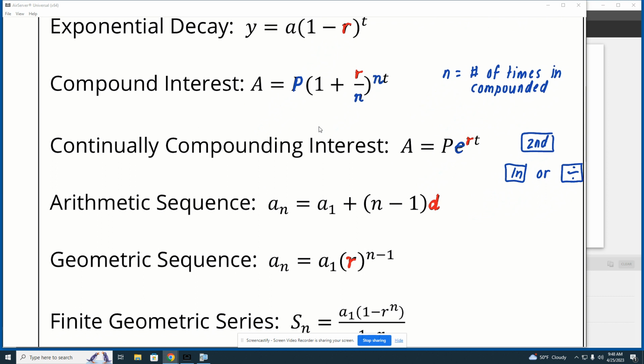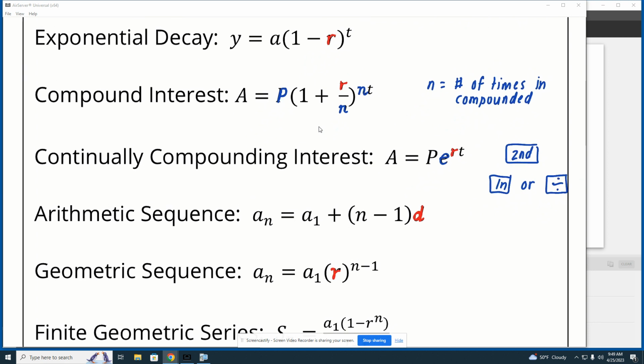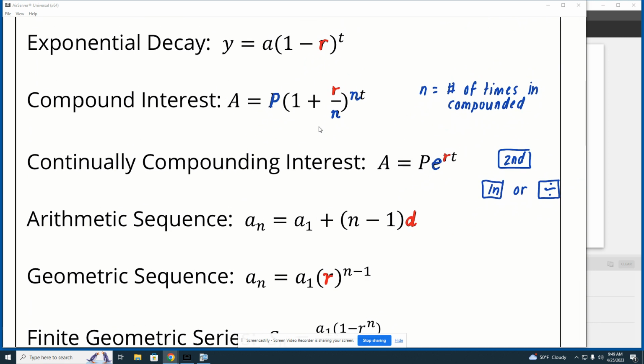No. R and D are the distinguishing characteristics that will tell me, hey, you need to use an arithmetic sequence, or hey, you need to use a geometric sequence. D is when you have a common difference. A common difference. And you find that value by doing a sub 2 minus a sub 1.